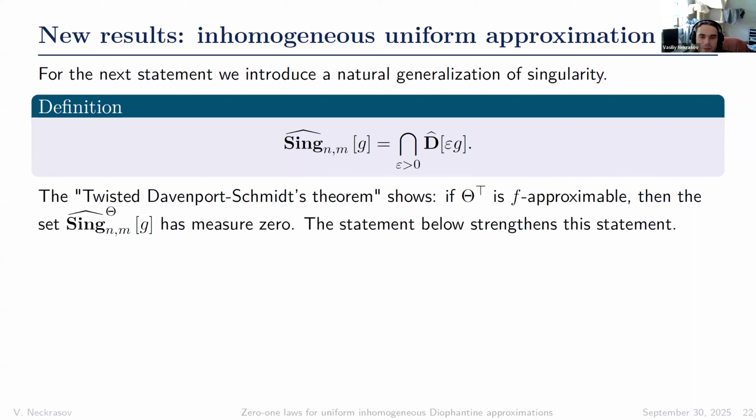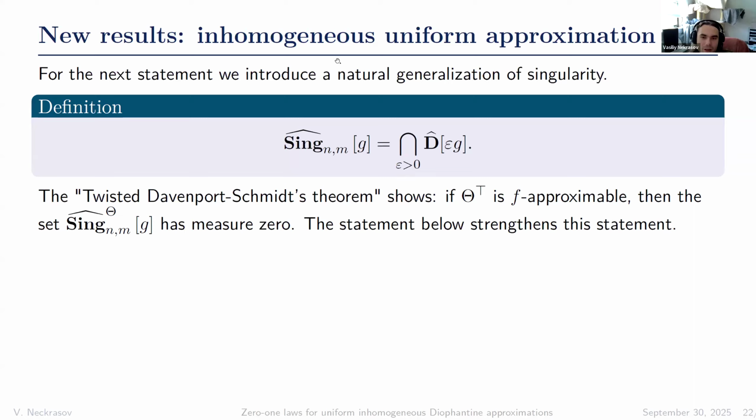G singularity is a natural generalization of usual singularity, where usual singularity means that you are infinitely Dirichlet improvable: no matter how small the constant is that you put in front of your function, you are still Dirichlet improvable. Now, G singularity means that no matter how small the constant is that you put in front of your function G, you are still Dirichlet with this new function epsilon G.